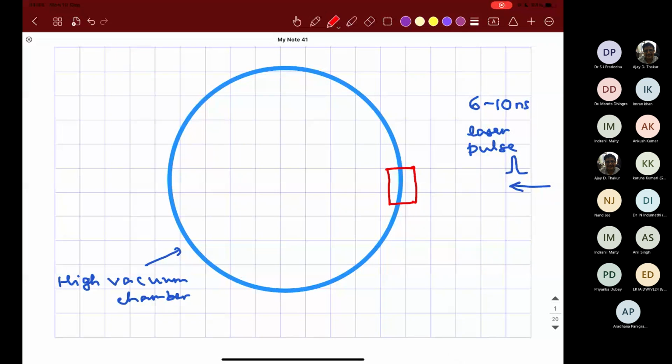So that's the first ingredient for the design of a pulse laser deposition system. You require a chamber and you require a port for the laser to enter. Not only that, this chamber has to be evacuated.